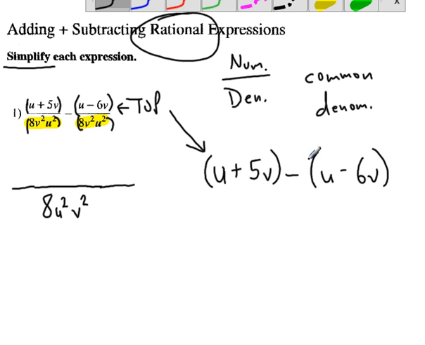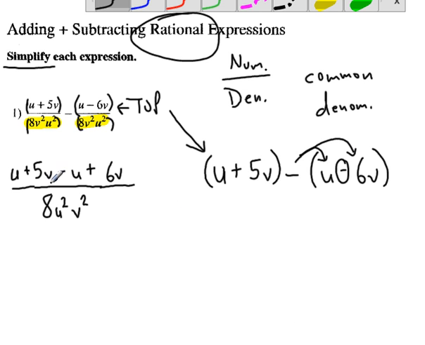You just did this as adding and subtracting polynomials. It's where you distributed a -1 across both terms in the parentheses following a negative sign. So I'm going to rewrite this: the numerator is u plus 5v minus u plus 6v. Make sure you understand where that plus sign comes from: distributing a negative onto another negative.